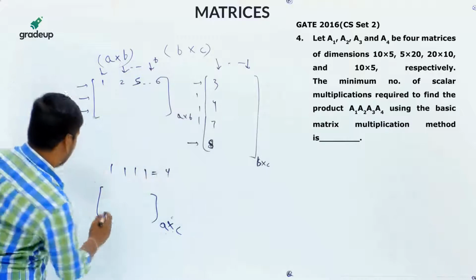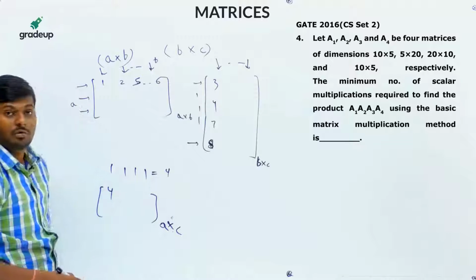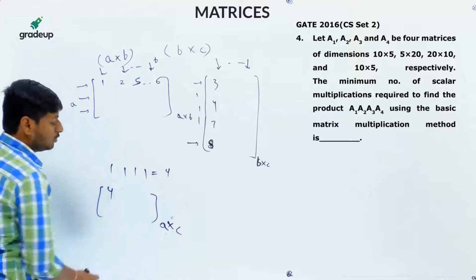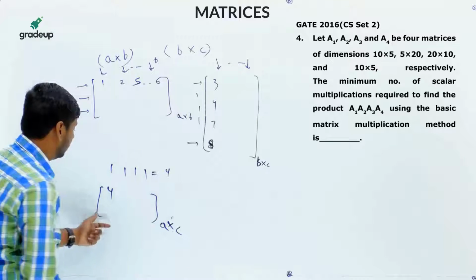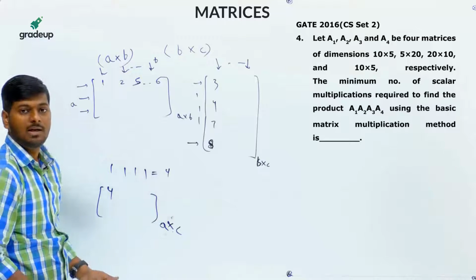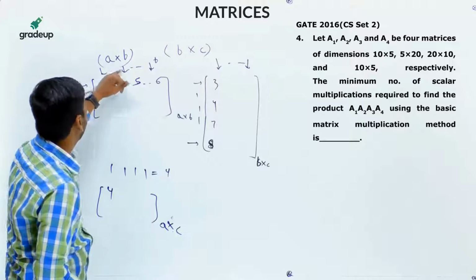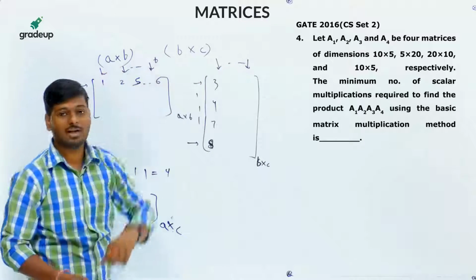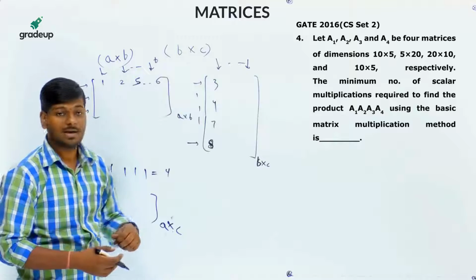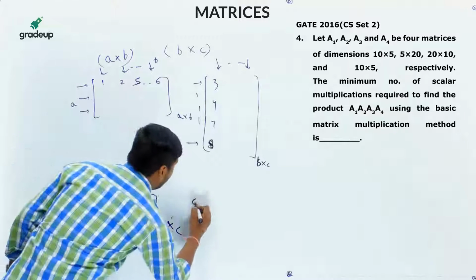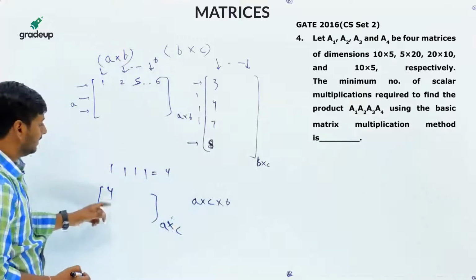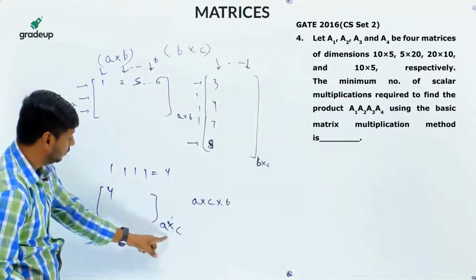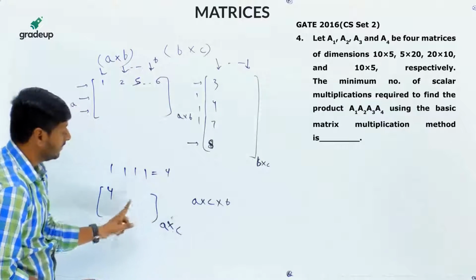So there are a total of A into C elements in the A cross C matrix. Therefore, the total number of multiplications required in multiplying an A cross B matrix with a B cross C matrix is equal to A into C into B, where A into C is the number of elements of a matrix.